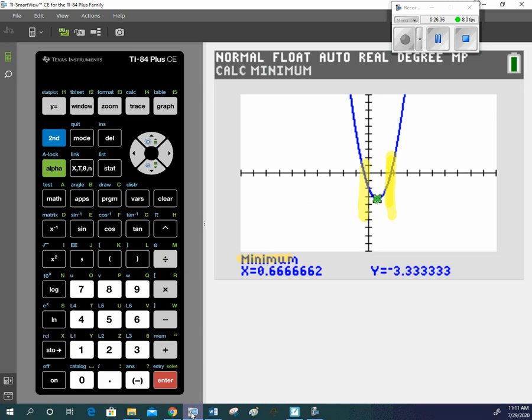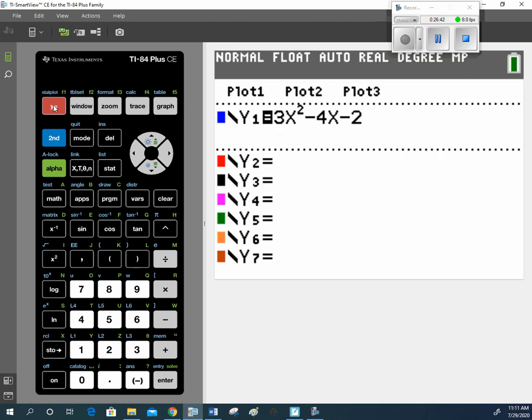So we're going to go to the calculator and type in y equals, and let's clear that out and type in x to the third minus 3x squared minus x plus 1.